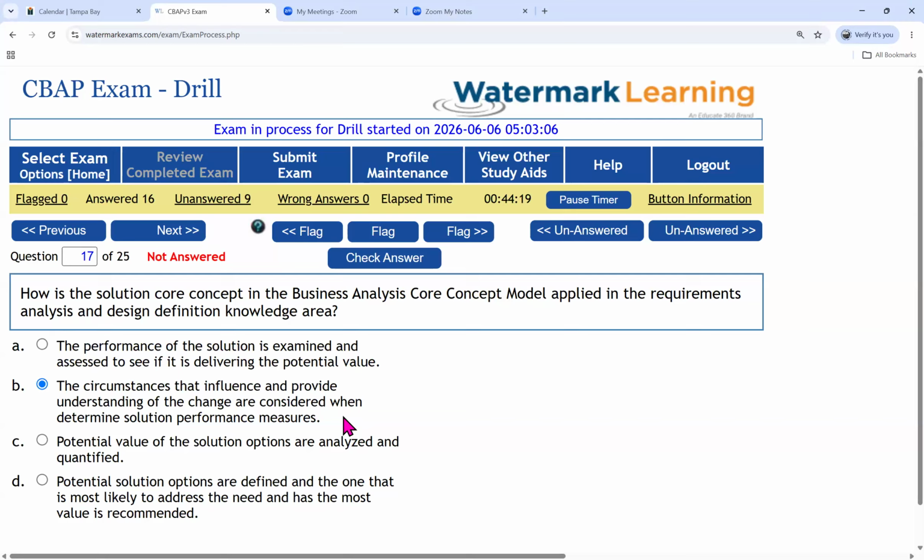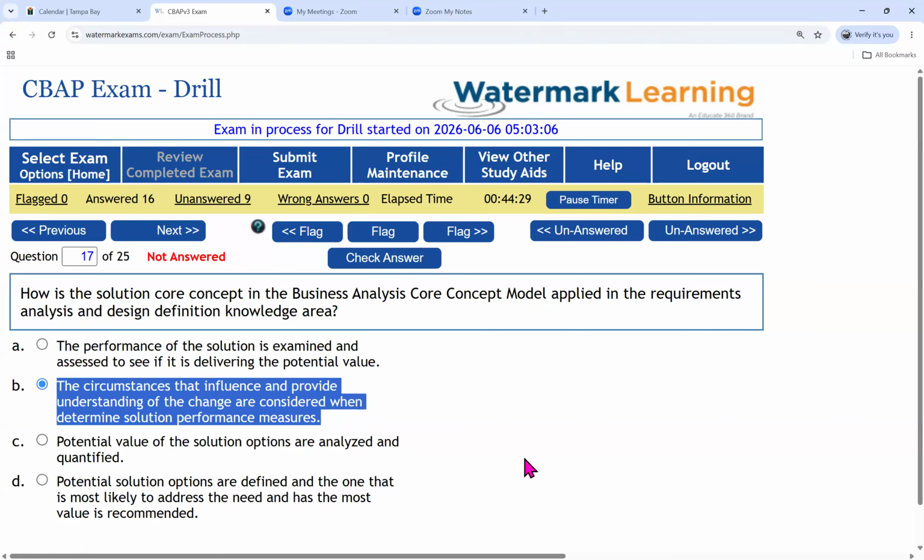B for Baltimore. I would associate it more with context rather than the solution concept. So what do we think is the correct answer? The D for Denmark.